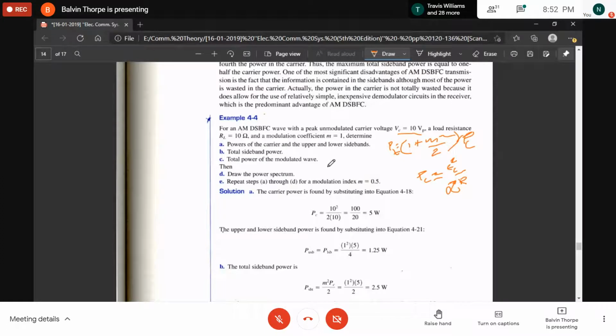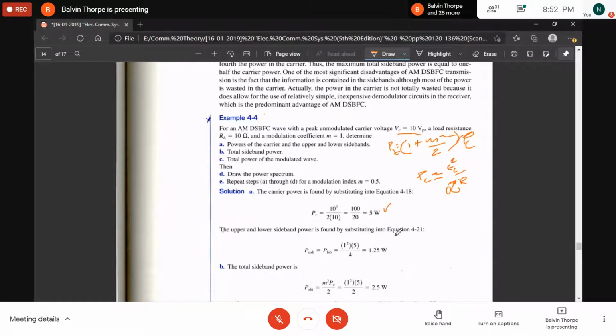The other way, as per the question, is that we could find the power in the carrier plus the power in the 2 sidebands. We know what the power in the carrier is already. We saw that was 5.